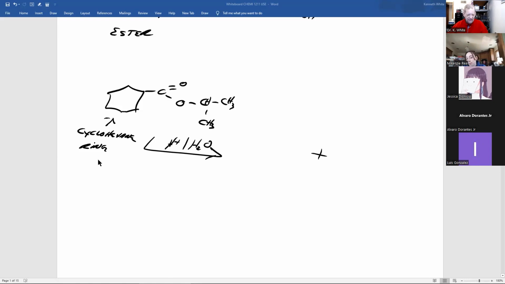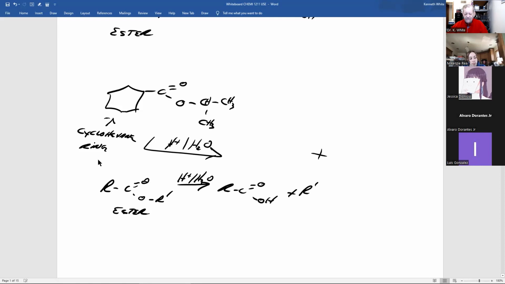Anyways, let's do it. All right, what do we have? We're starting with carbons, carbonyl, oxygen, and carbons on this oxygen. We have an ester. We're reacting it with acid and water. And what you get back is the carboxylic acid plus the alcohol you would have used to make that ester.